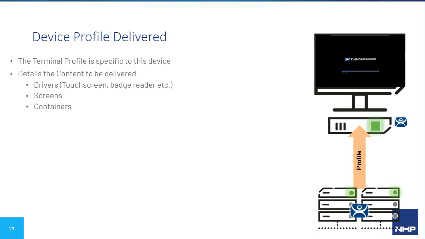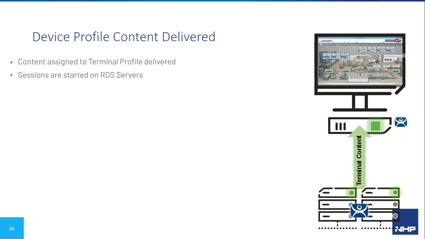For example, touchscreen drivers, the number of monitors it's got, the layout on those screens of the application that it needs, even containers that can be delivered into the thin client to do local work. Once that happens, the thin client's on its own. Even if ThinManager goes away at this point, the device will carry on working fine. Then the thin client goes to the servers it needs to contact, requests the session to be started, and the content that's needed is delivered from a remote desktop server to the thin client device.